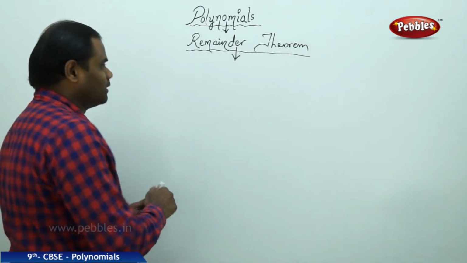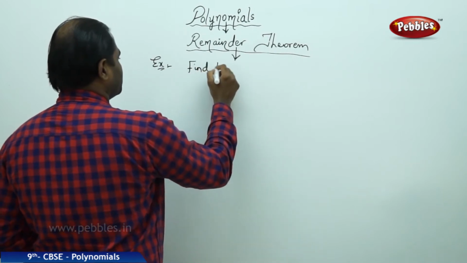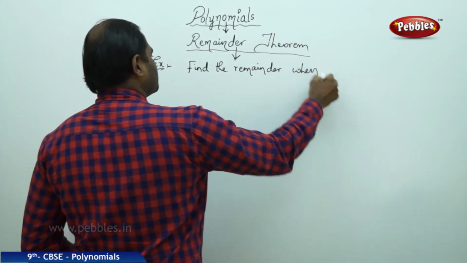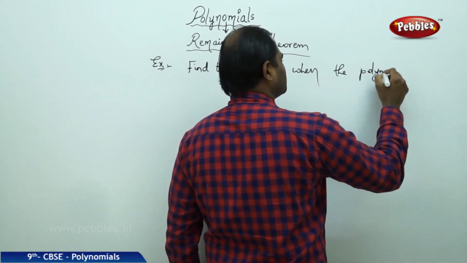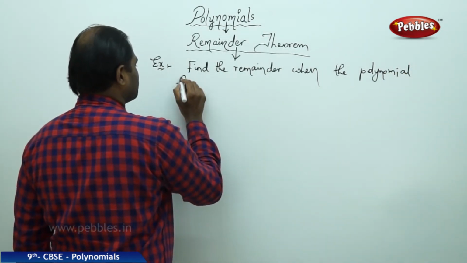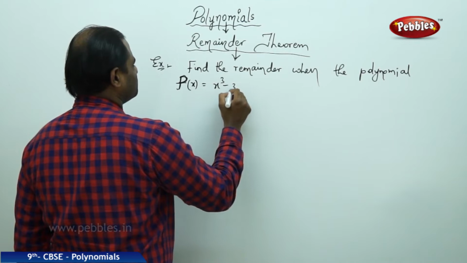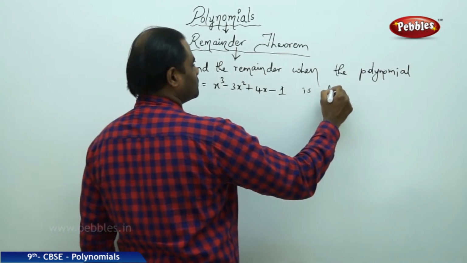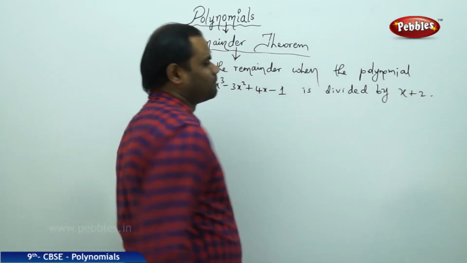For example, if I have my question which says, find the remainder when the polynomial p of x equals x cubed minus 3x squared plus 4x minus 1 is divided by x plus 2.